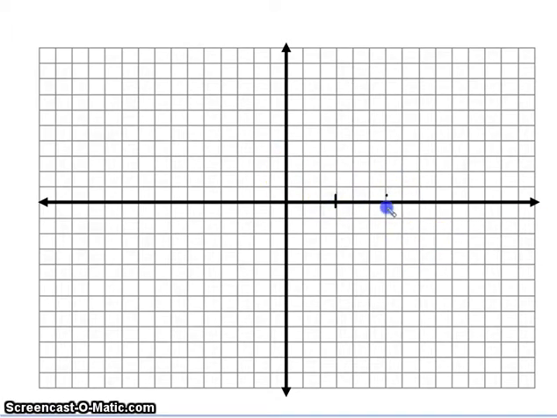Oh, 1, 2, 3, 4. This is my pi. This is my 2 pi. This is my negative 2 pi, my negative pi. I'm going up 1.